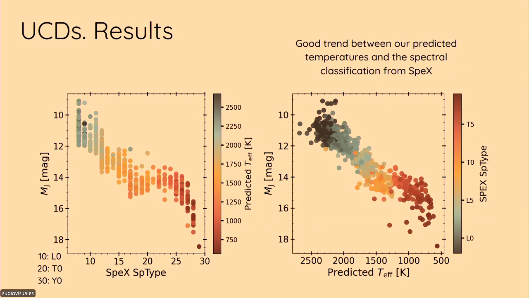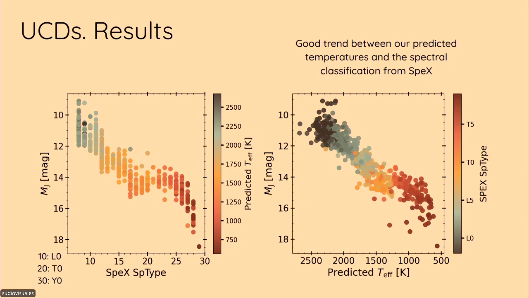So this is what we can see in these two plots, which are very similar between them. In both y-axes, we can see the absolute magnitude in the J-band, as before. In the first figure, we can see the spectroscopic spectral type, and the color of the dots is the effective temperature that we are estimating with the deep transfer learning methodology.